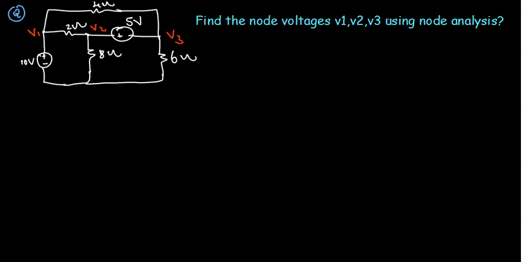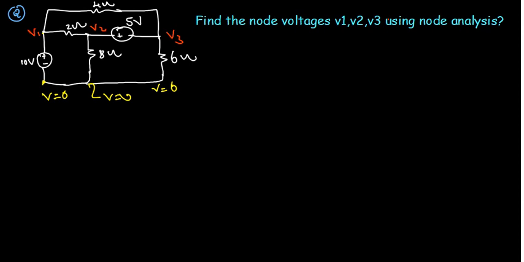There are two voltage sources, so we check whether each is a supernode or not. Let's take this one. It is connected between this and this, and this is the reference, V equal to 0.